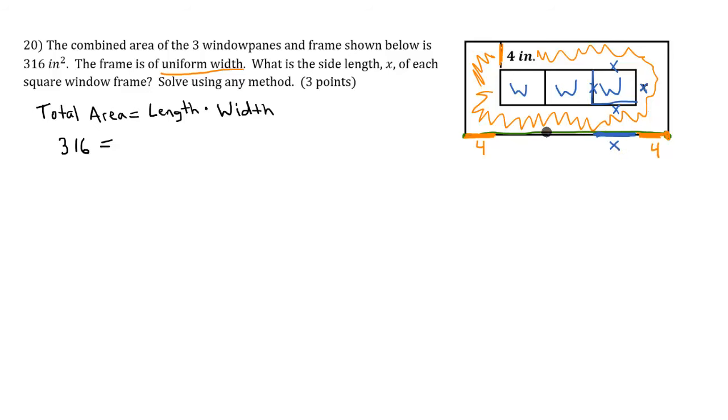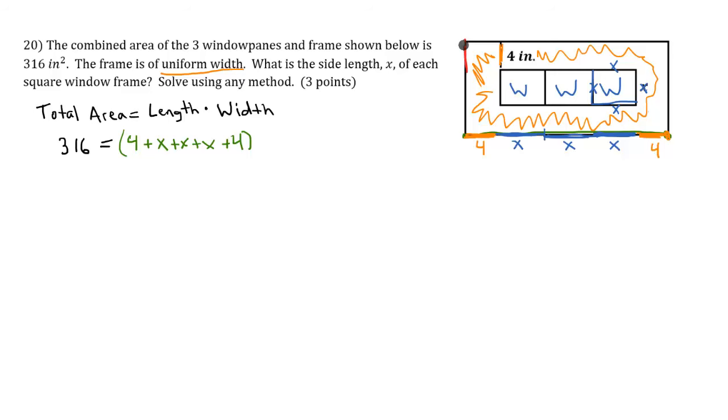And then from here to here again, that's going to be another x. And then from here to here, another x. So this entire length here is going to be 4 plus an x plus an x plus a third x plus 4 again. That's going to be our length.